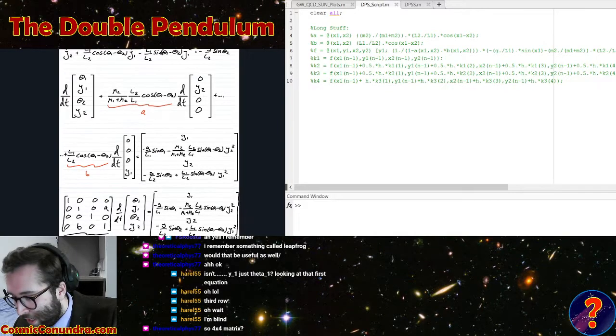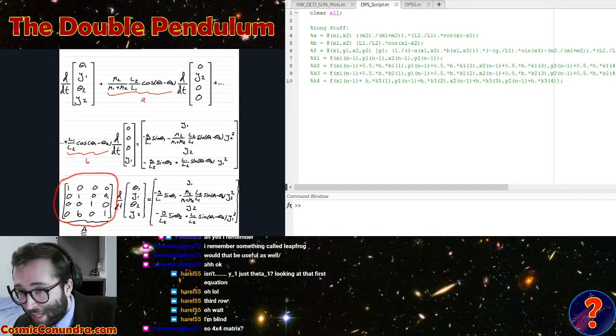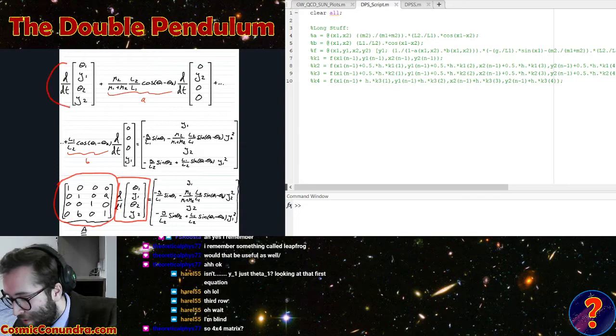What I've done is I've renamed this whole gubbins here A, and all of this stuff here B. So if you do this matrix multiplication in your head, you should be able to convince yourself that writing this left-hand side in this way, with this particular 4x4 matrix multiplying the time derivative of this column vector, gives you all of this stuff here.